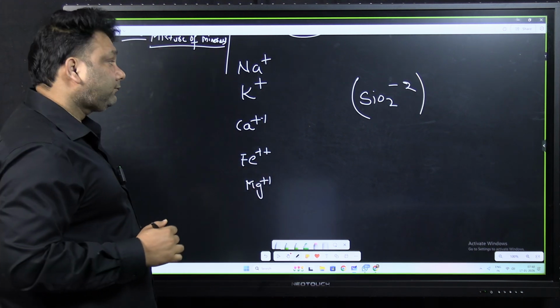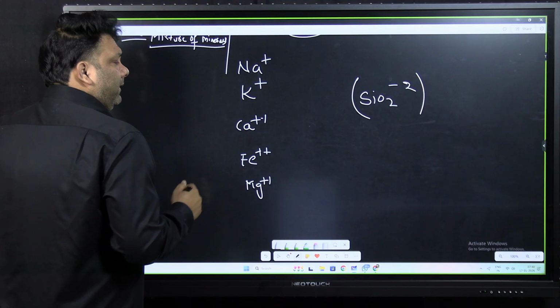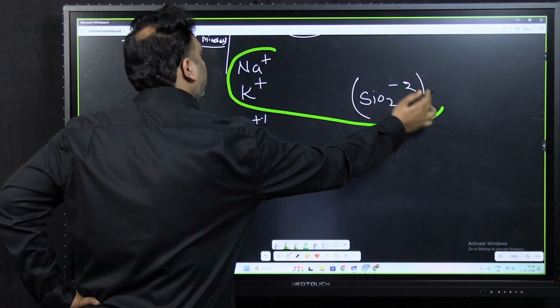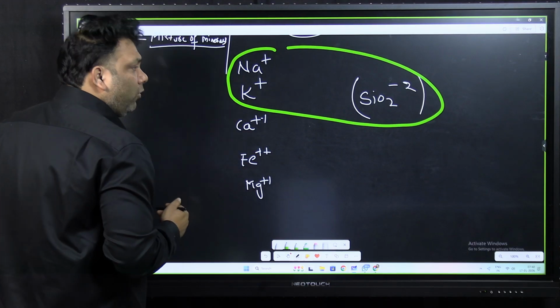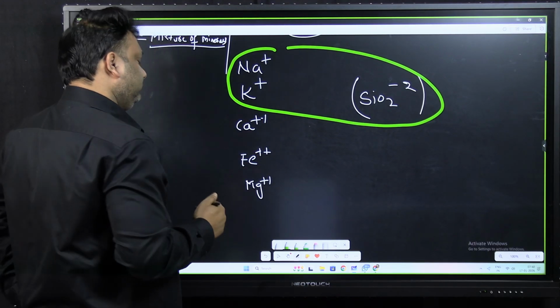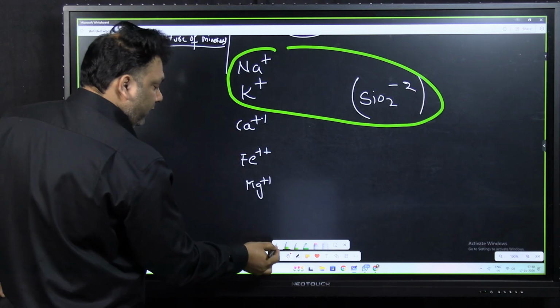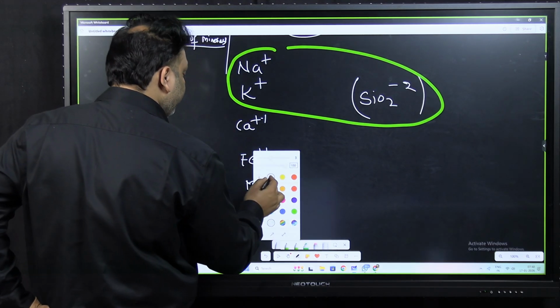If it is paired up with sodium and potassium, it means it has more sodium and potassium, and of course calcium, iron and magnesium can also be there. If you want, I will give a chemical formula here.